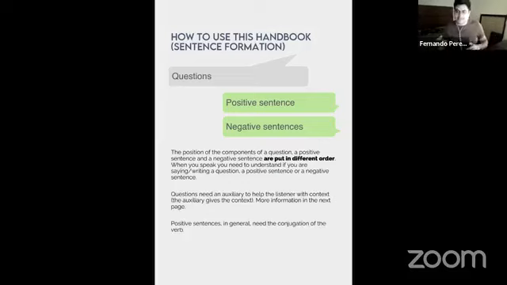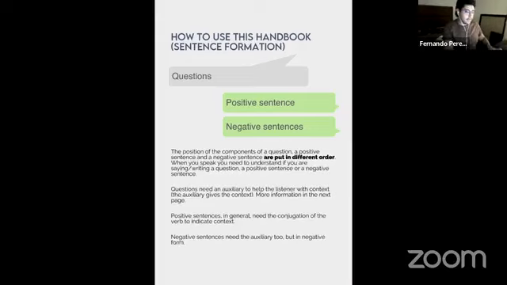If it's present, past, future, etc., this is indicated with the conjugation of the verb to indicate context. And negative sentences use the auxiliary, or need the auxiliary too, but in negative form using not.